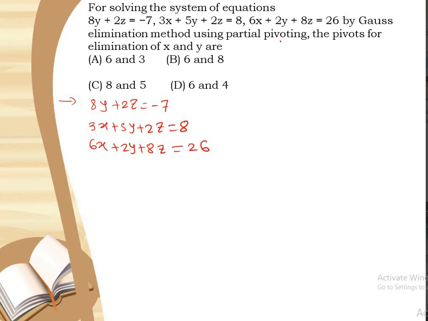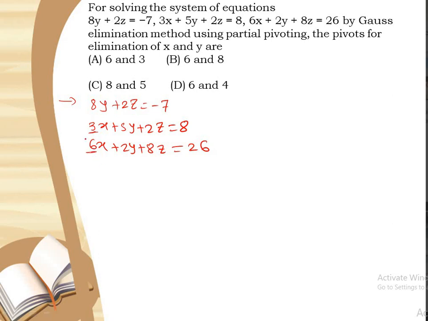For finding the pivot values, in the method of partial pivoting, we first have to find the greatest coefficient of x in these three equations. If we check the value of x here, the first equation doesn't contain an x term, the second equation has an x term with coefficient 3, and the third equation has coefficient 6.